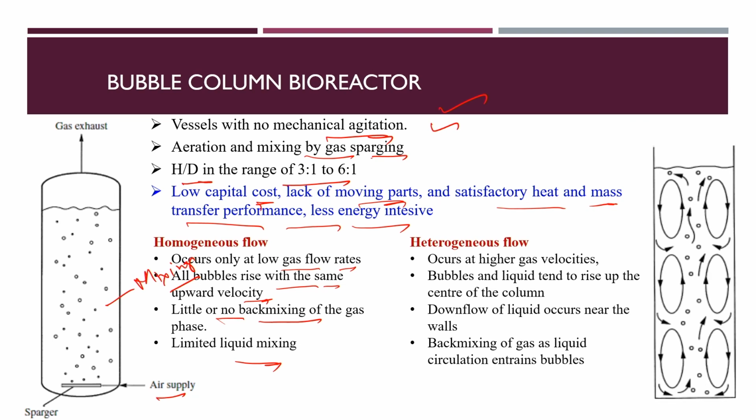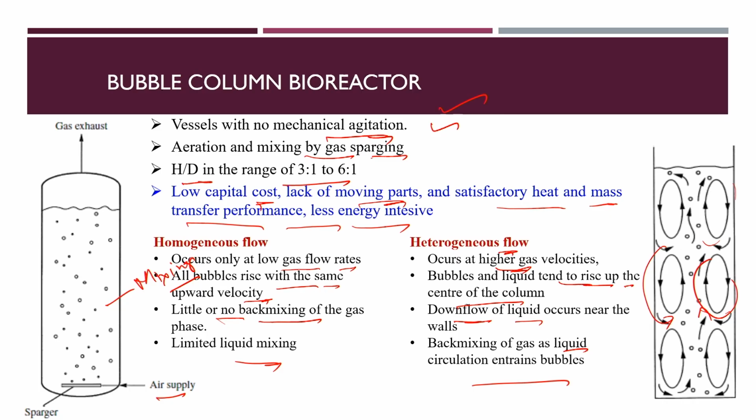But we can also have the heterogeneous flow. It occurs at higher gas velocity. In that case, bubbles and liquid tend to rise up the center of the column, then the downflow of the liquid occurs near the wall. So, in this way we can see there is a circulatory pathway here and here, and there is back mixing of gas as liquid circulation entrains bubbles.